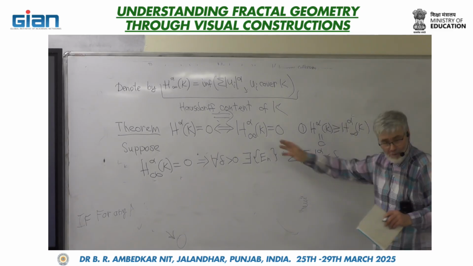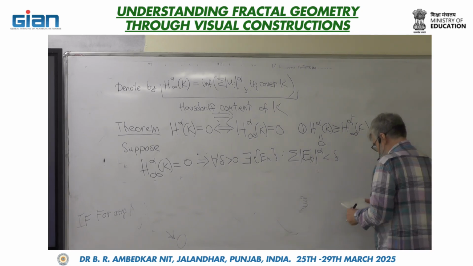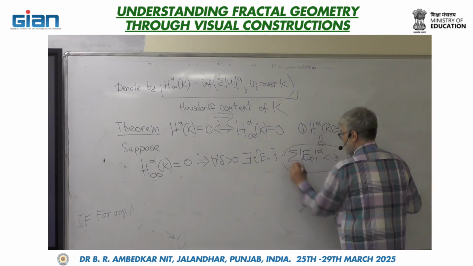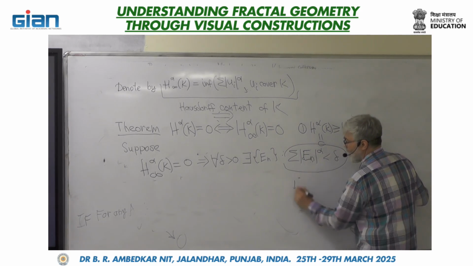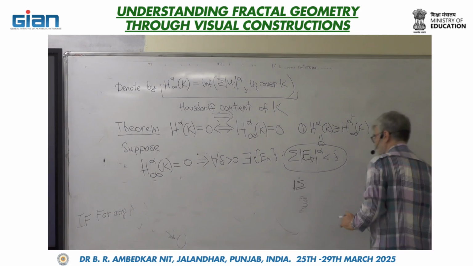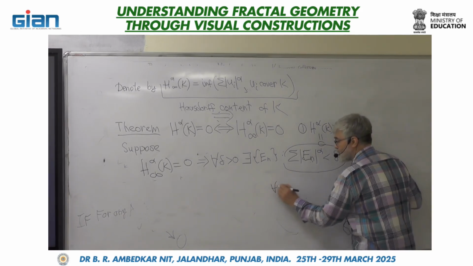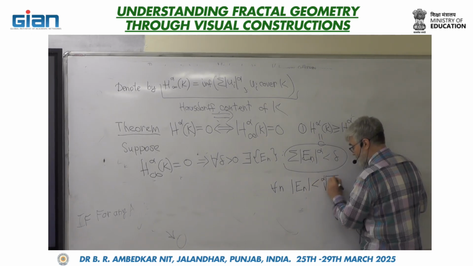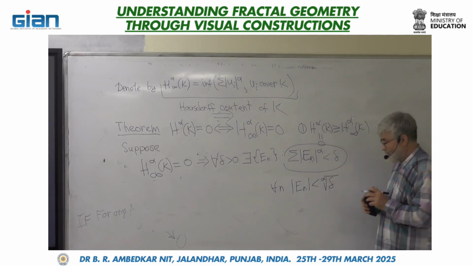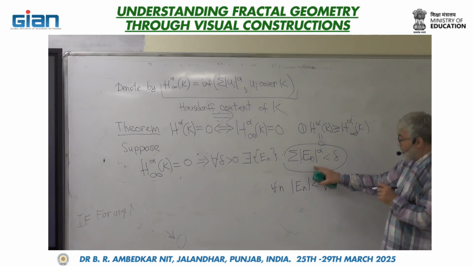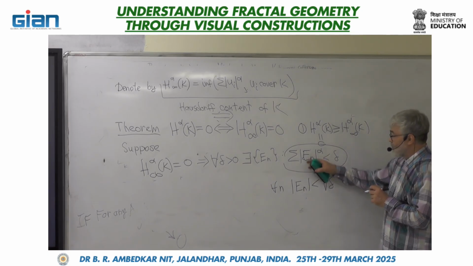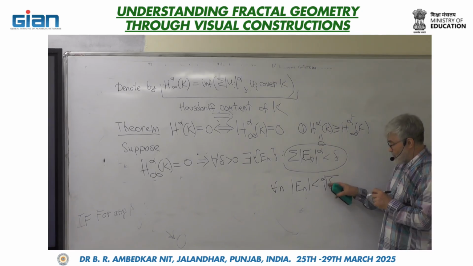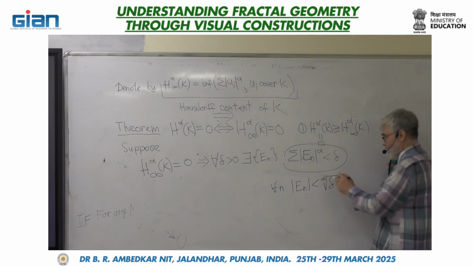This gives us 0 in the limit. If we look at this sum, then we see that for any n, each value is positive and less than delta, so the diameter of E_n is less than delta to the power of 1 over alpha.